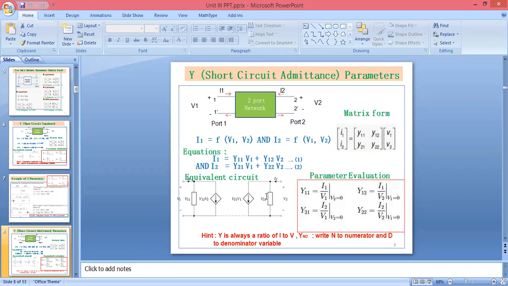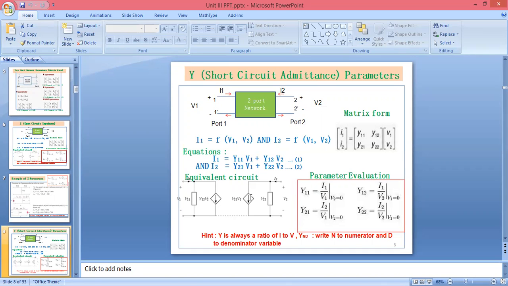So we take an equivalent circuit which has two ports. This is the first port, and after the dashed line, this is the second port. The voltage V1 is between 1 and 1 dash, and V2 is from 2 to 2 dash, positive to negative. Here we take V1, then the admittance Y11, and Y12 into V2.